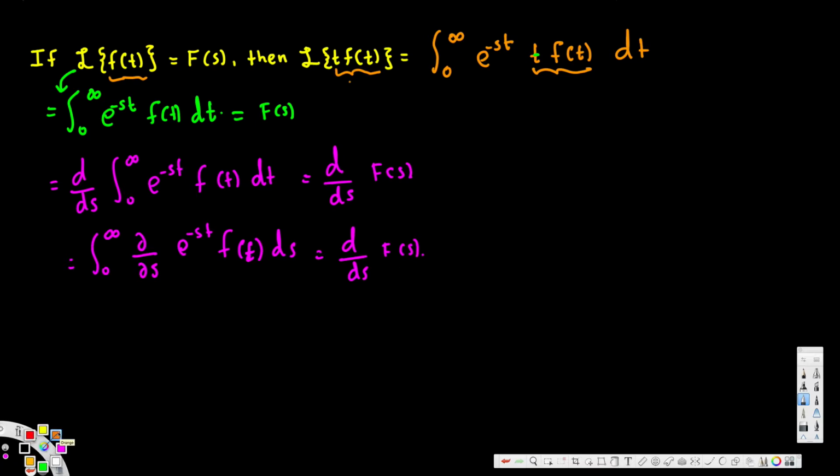And here you can see this is the only function that is related to s. This one is related to t, so we just have to differentiate this one alone, because this one is just like a constant.